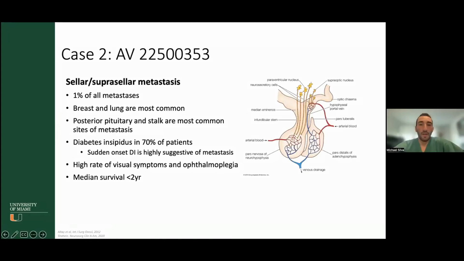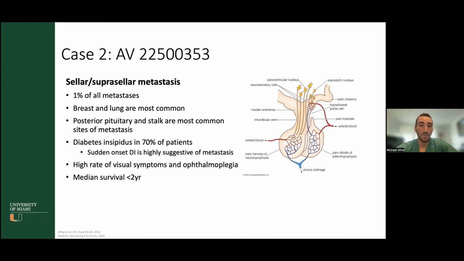Yeah, so stepping back a bit, this is a unique case, but to think about it more broadly, metastases to the sellar and suprasellar region are not super common, about 1% of all brain metastases. The most common tumors to metastasize to this region are breast and lung. This patient happened to have breast cancer. Interestingly, it's typically the posterior pituitary and the stalk that are the most common sites of metastasis.